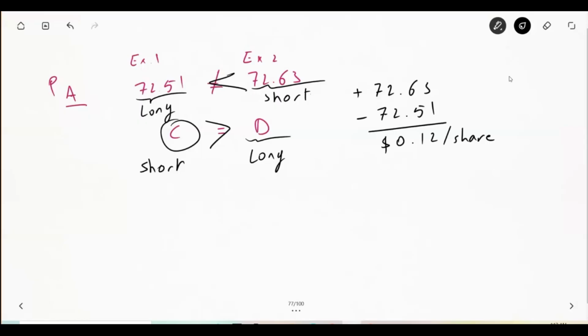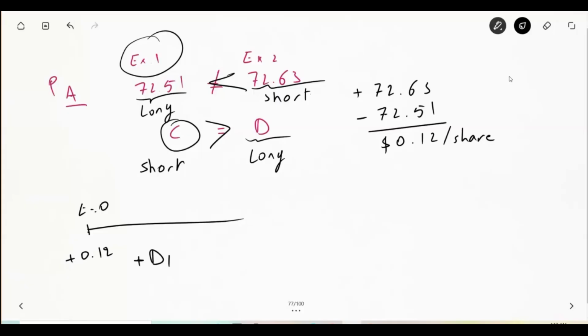So now, at time t equals 0, we have plus 0.12. In the future, because remember, we have a long and a short position, what type of cash flows may we see before we have this full convergence? For exchange 1, the share where we have a long position, we will be receiving dividends throughout the way.